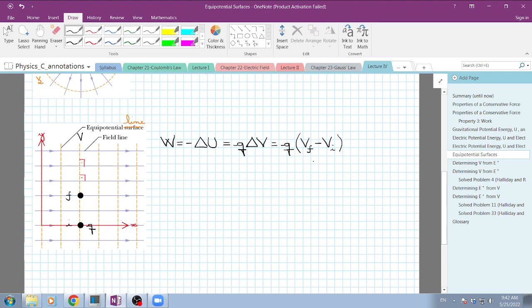And since those are along the equipotential lines, this is going to be exactly the same. And I think these two also.